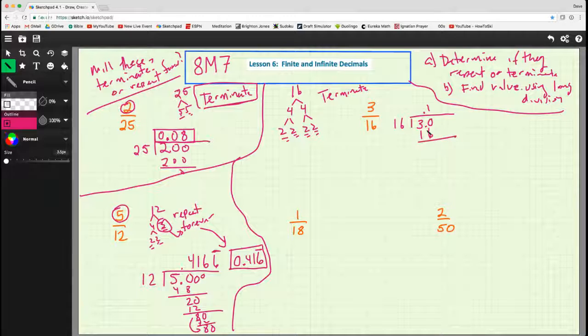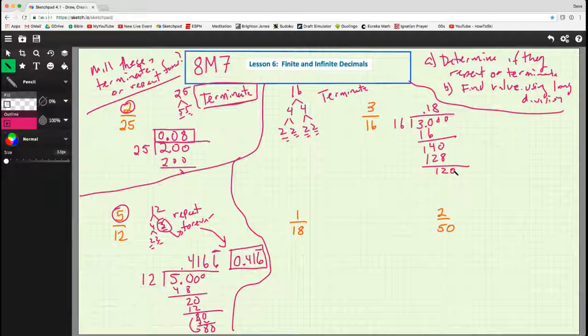Uh-oh. This is a mess. 14. 140. 16 goes into, let's see, that's 8 times. 8 times 16 is 128. 12. Bring down our other 0.